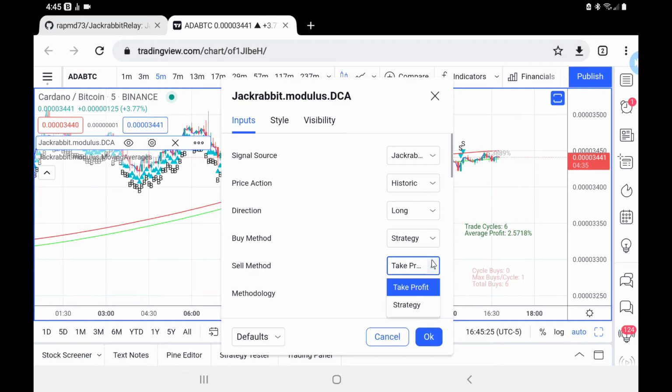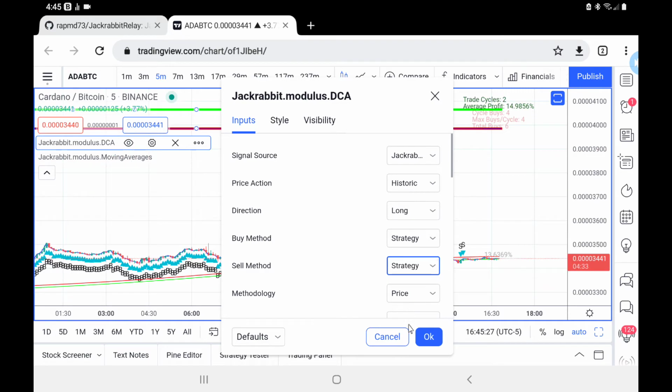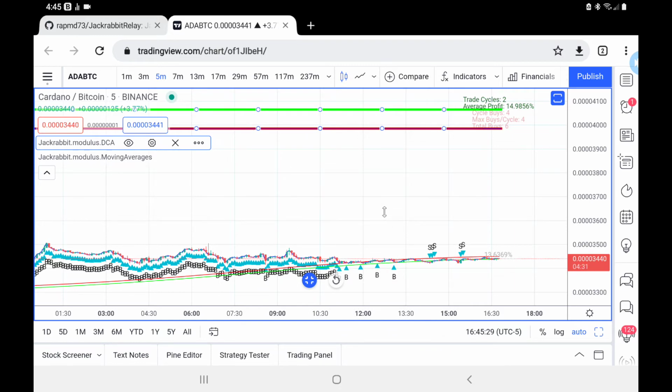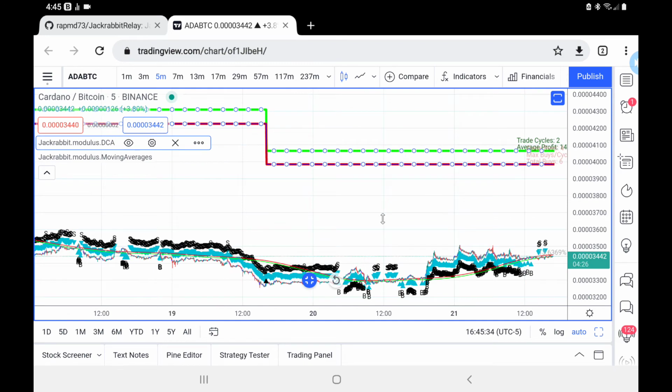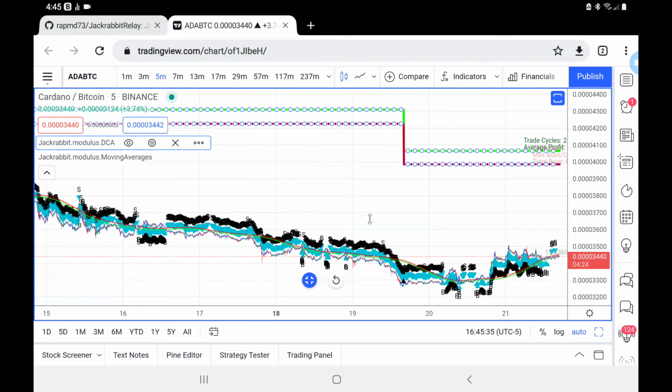Let's put this back to strategy and find out how long it's been in a run. Zoom out to maximum.